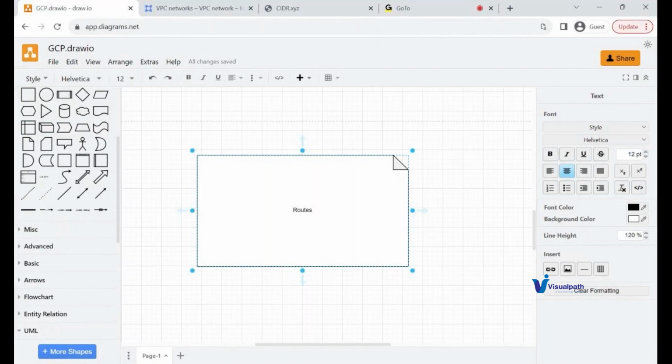But for my public subnets, the traffic can directly go to my internet gateway and then to the external world. This is how we can define the difference between a private subnet and a public subnet on a configuration level.